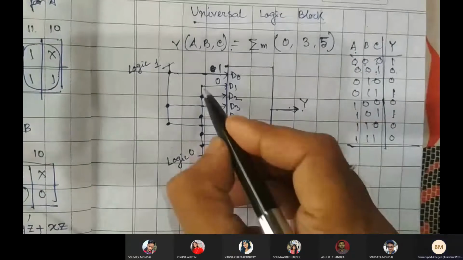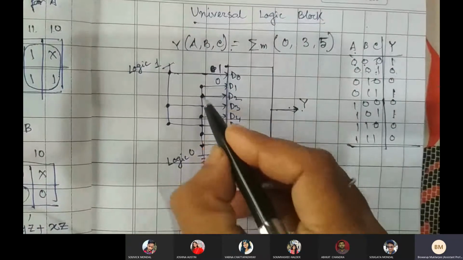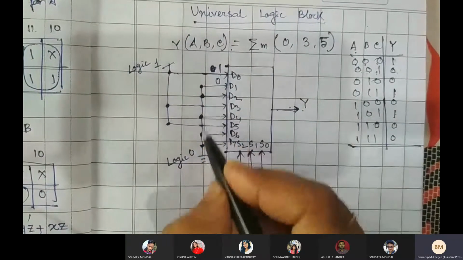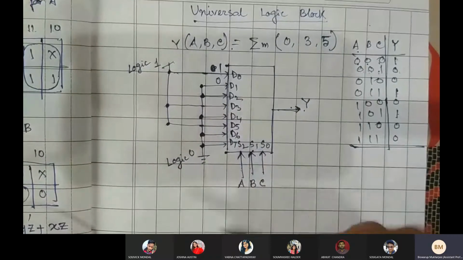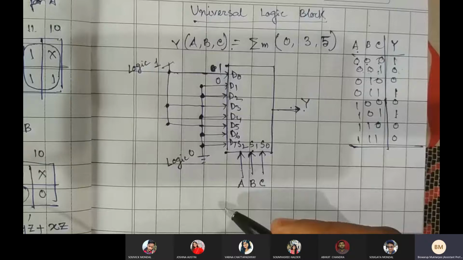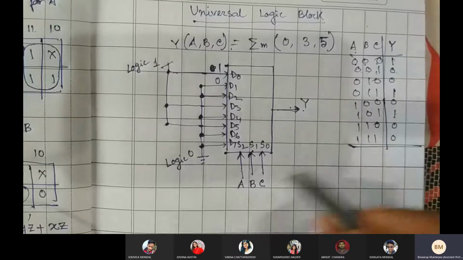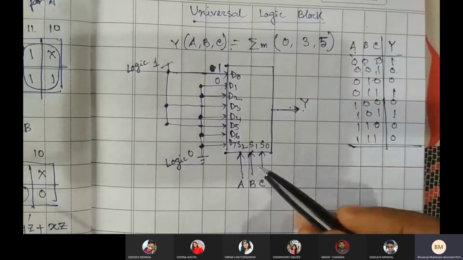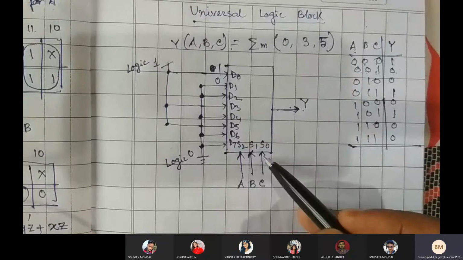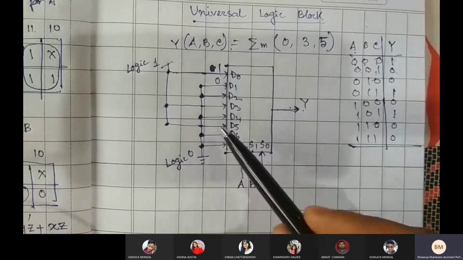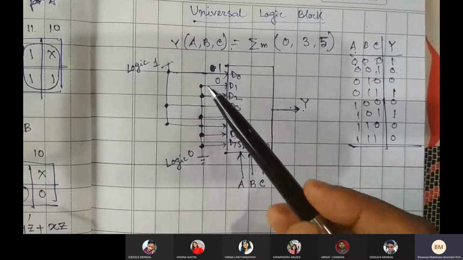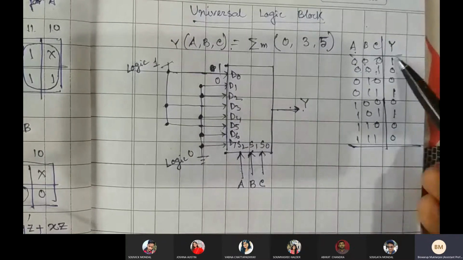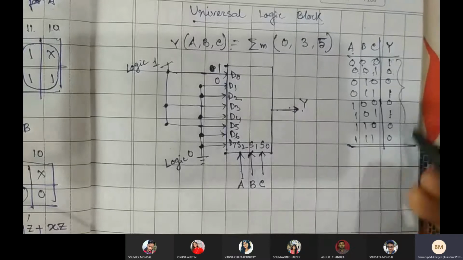These are the rest of the inputs D1, D2, D4, D6, and D7. These are connected with 0. Automatically, what will happen? Whatever be the ABC combination in the select line, that particular data line will be selected, and that particular data line is either having 0 or 1. Accordingly, Y will be producing such output.